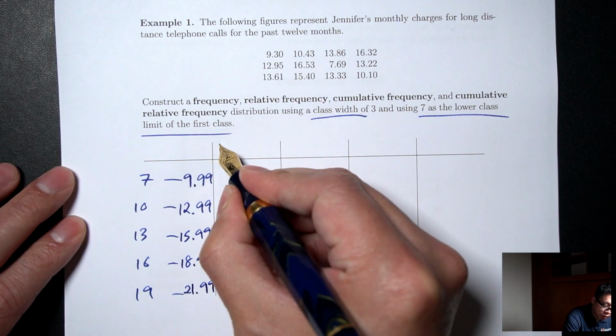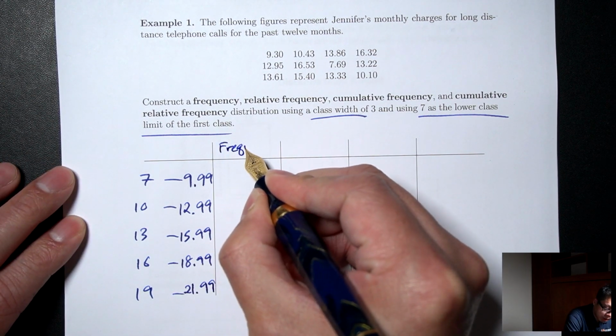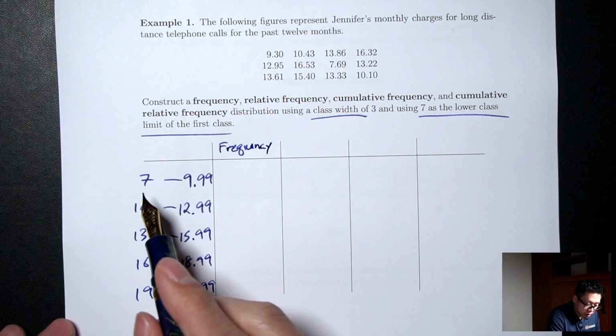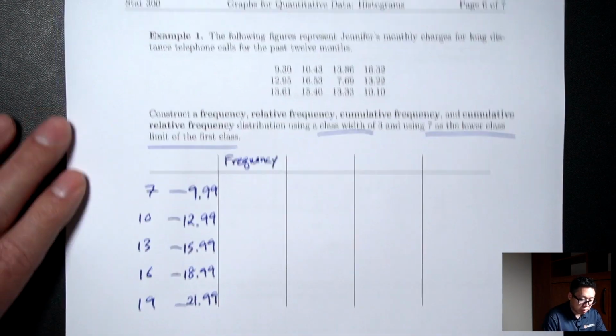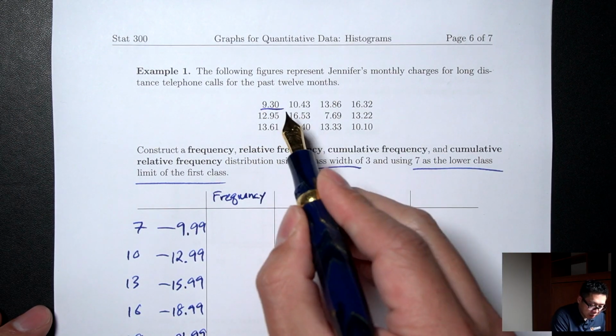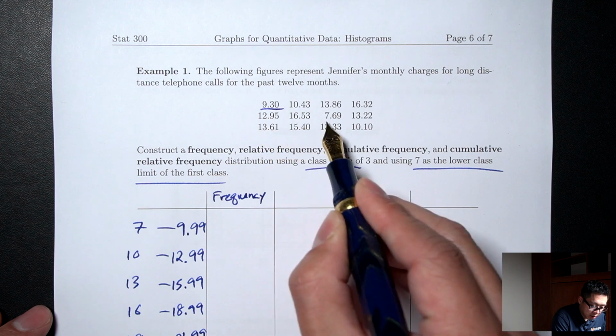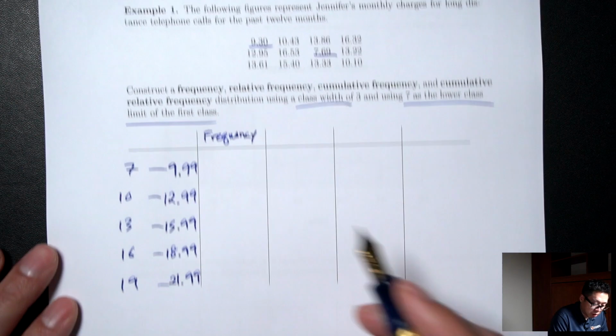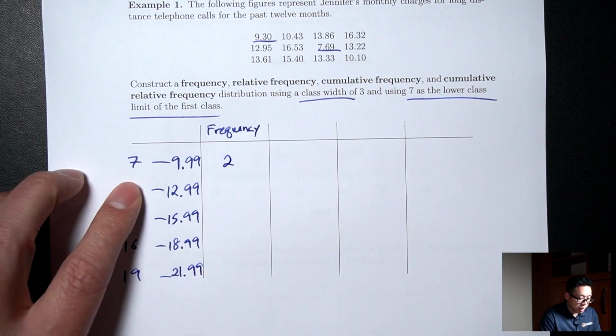And then I need to do my frequency. Frequency is just going to count how many are between 7 and 9.99. So we're going to count. So there's 2 numbers between 7 and 9.99.